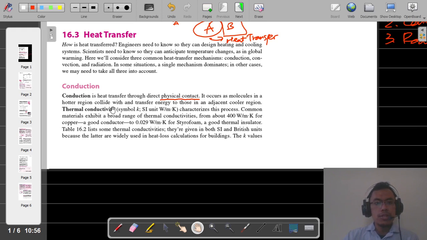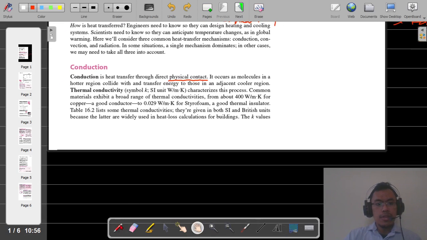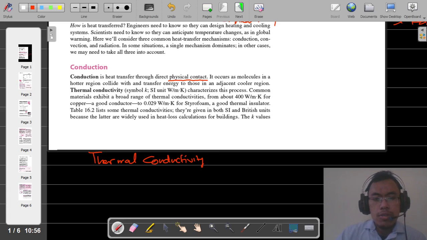The first one is called thermal conductivity, the symbol is small k, and the unit is watt per meter Kelvin.